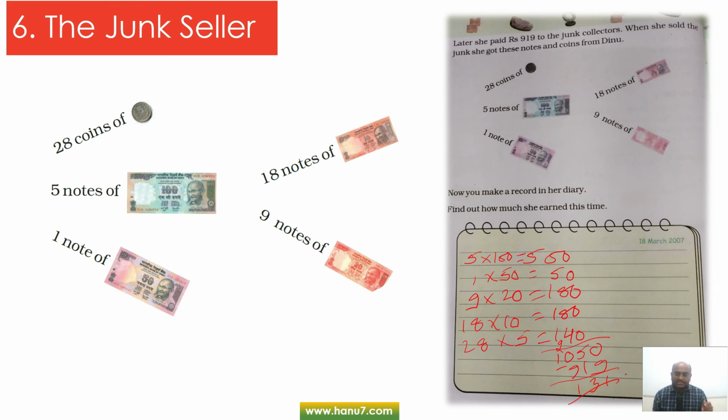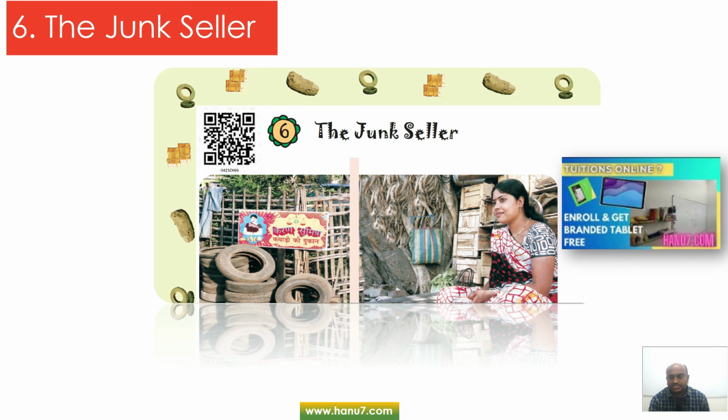Okay, so 131 are the total earnings of Kiran by selling the junk to Dinu's shop on 18th March. So that's all about the junk seller.